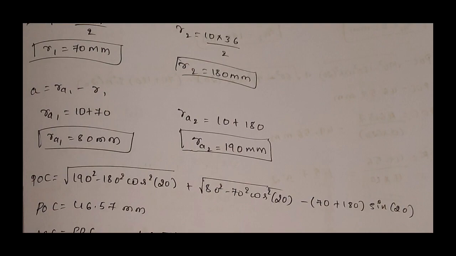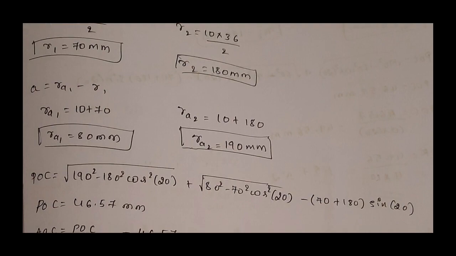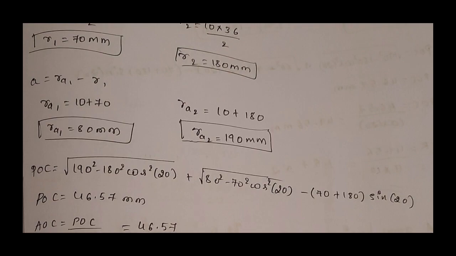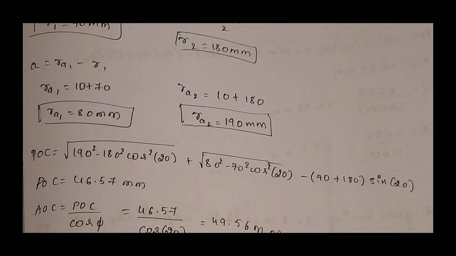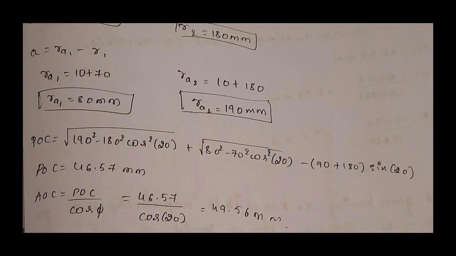Now substitute the values. The POC, path of contact, is equal to square root of RA2 square minus R2 square cos square phi, plus square root of RA1 square minus R1 square cos square phi, minus (R1 plus R2) sin phi. I substituted the values directly in this problem. Why? Because by repeatedly using that formula, you will come to know that you need not worry about the formula.